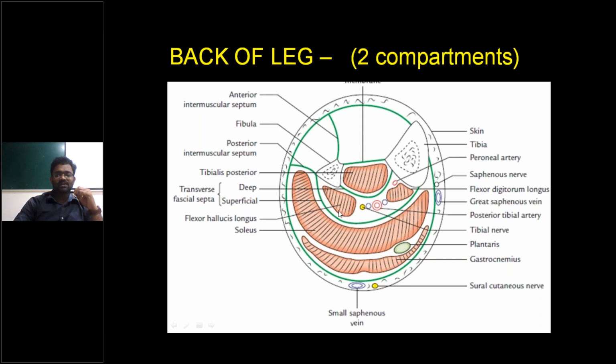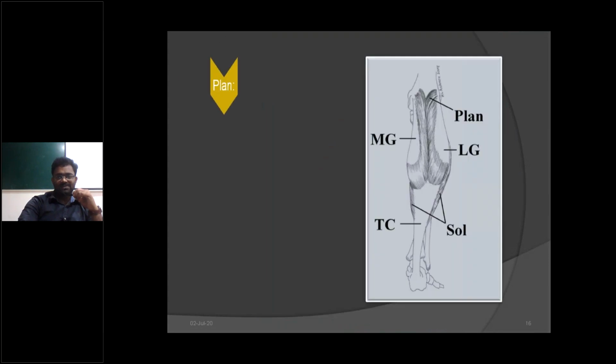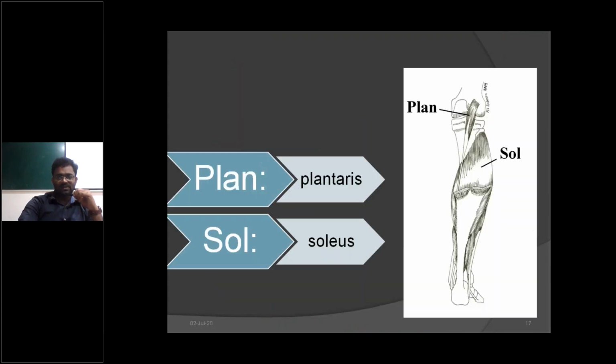Deep muscles are, laterally, flexor hallucis longus and, medially, flexor digitorum longus. In between flexor digitorum longus and hallucis longus, you can see the posterior tibial artery and tibial nerve, accompanied by the vena comitans. Still deeper, posterior to the interosseous membrane, is tibialis posterior.